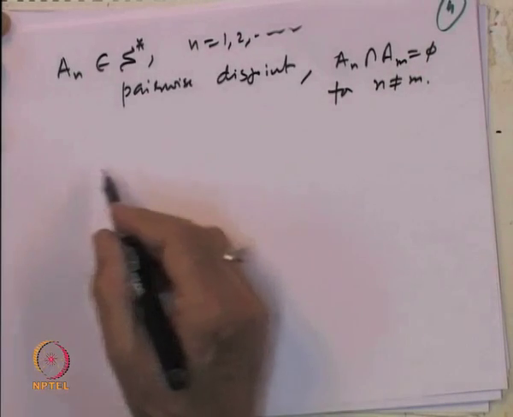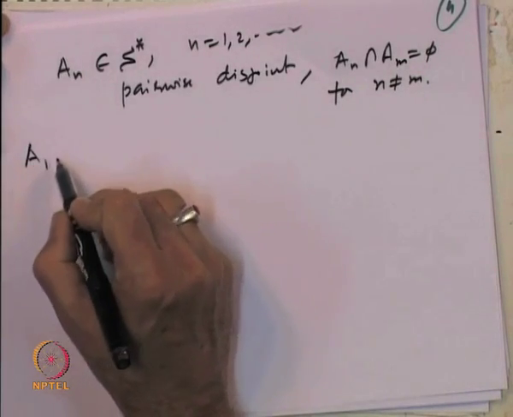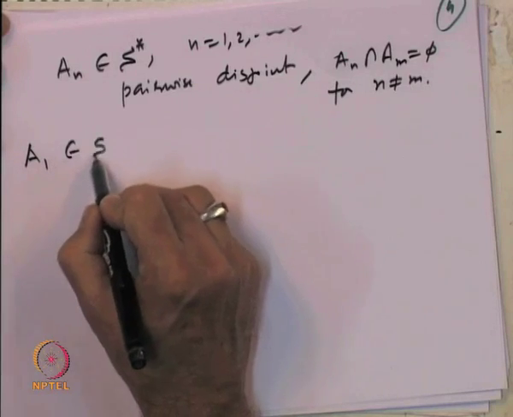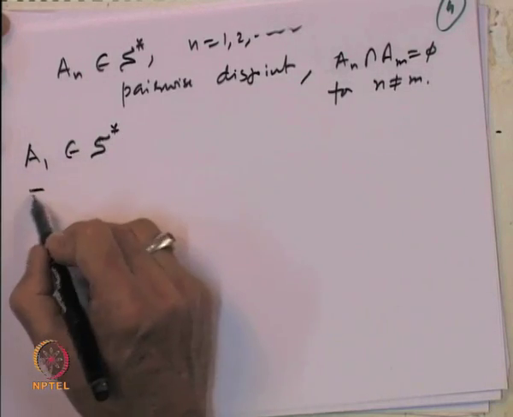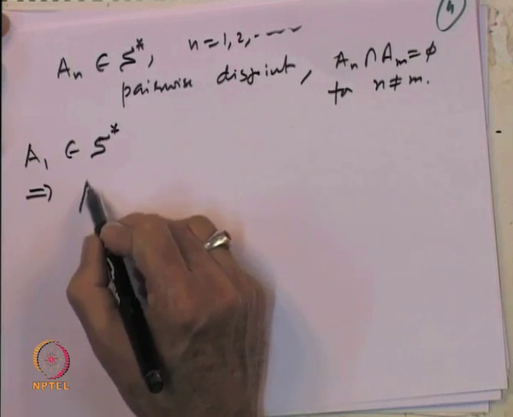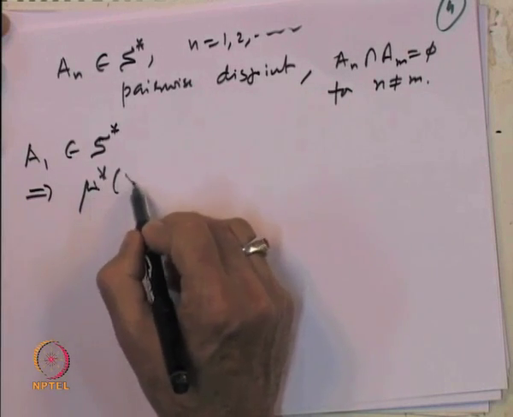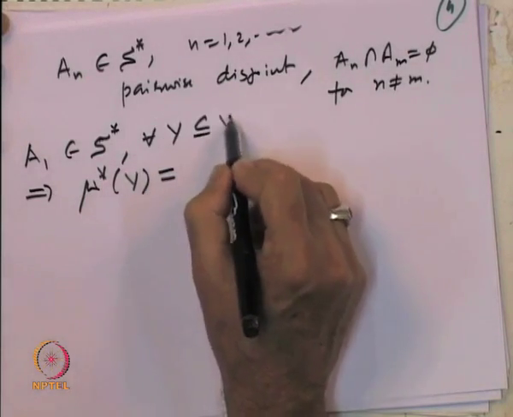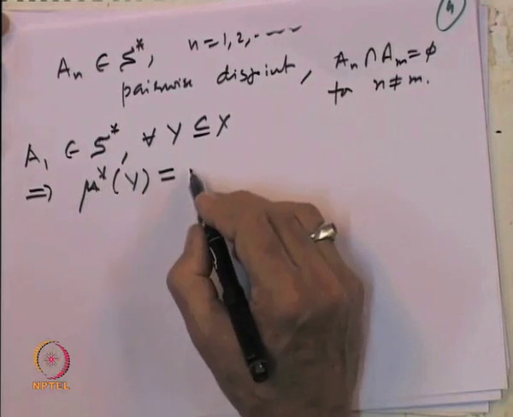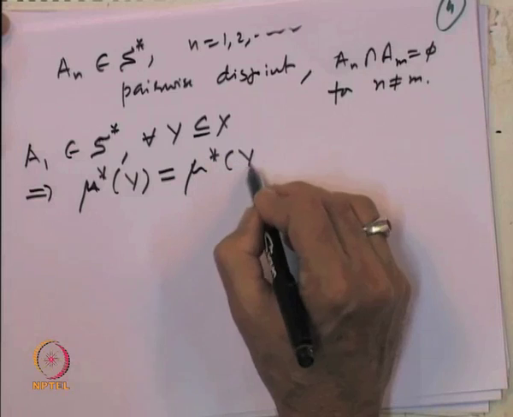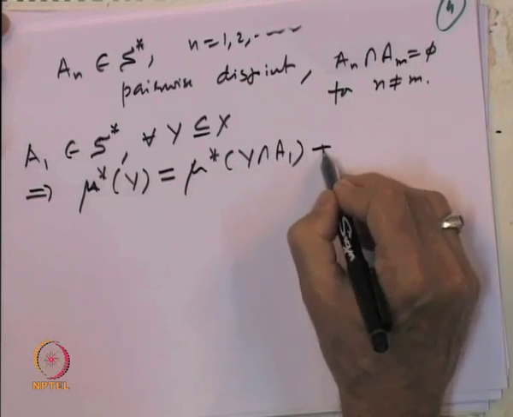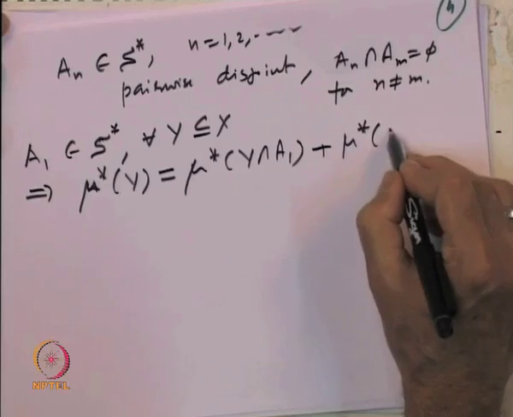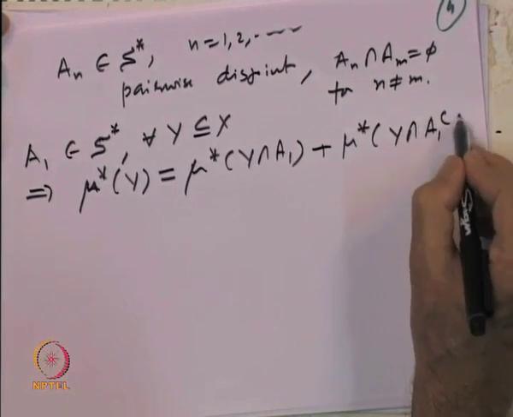Right. So, we start with A 1 belonging to S star. A 1 measurable implies that mu star of any set y, for every y contained in X, I can write to be equal to mu star of y intersection A 1 plus mu star of y intersection A 1 complement.